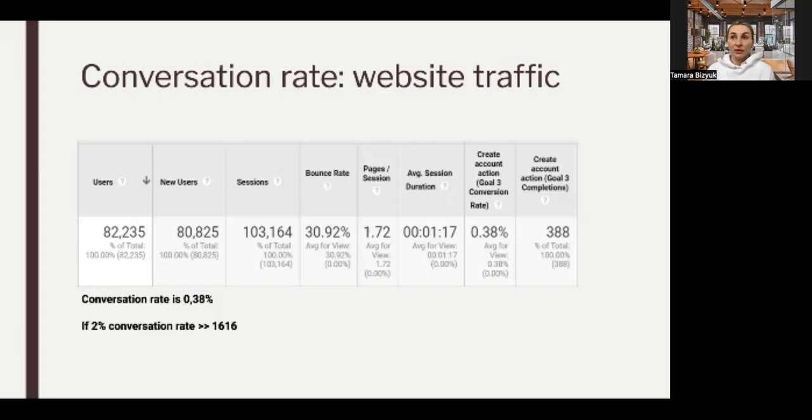The prospect probably found the information irrelevant. You have to investigate. There are so many resources on how to improve the conversion rate of your website. And I think Neil Patel even has a course, a free one. I will add that in the description of today's session, so you can go check it out.